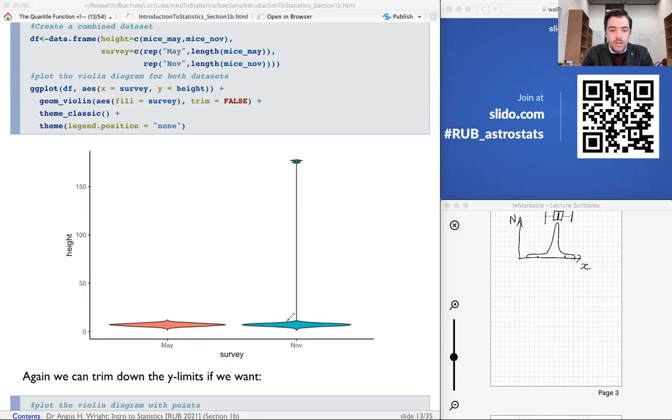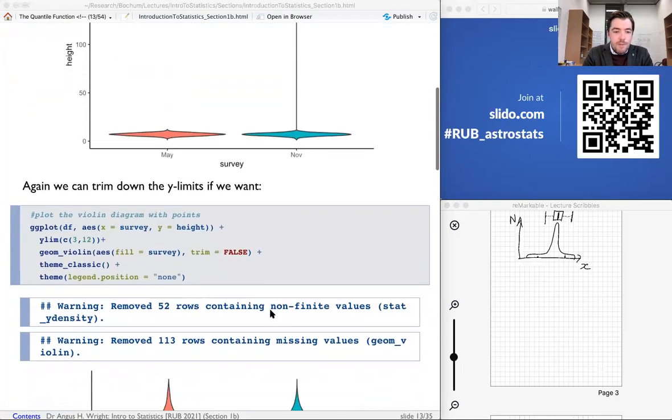Okay, and so if we were to create the violin plot for both the May survey and the November survey, then we see that the May survey has just this peak at low values of the height, and the November survey has a very strong peak at low values and then has these outlier peaks at higher values. The utility of the violin plot is that it shows the KDE, and it shows the KDE for possibly many different sets of data in a way that is easily digestible.